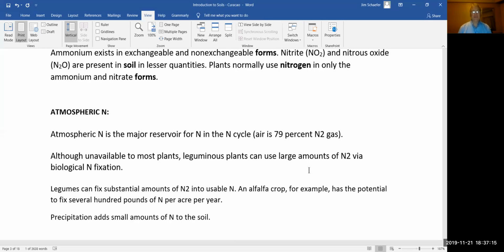Leguminous plants host a microorganism called rhizobia, which fixes nitrogen. And there are many types of legumes that do this. Alfalfa, soybeans, all of the beans that you eat in your diet are capable of hosting rhizobia.